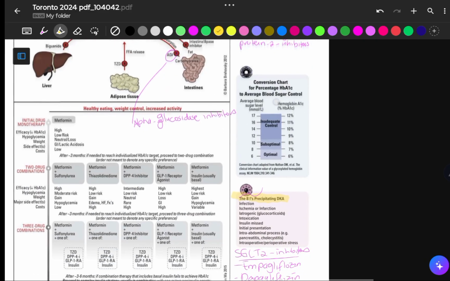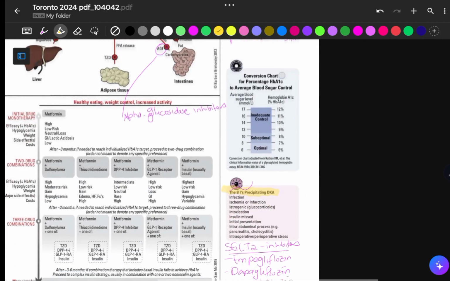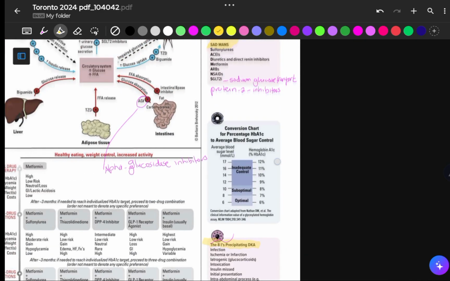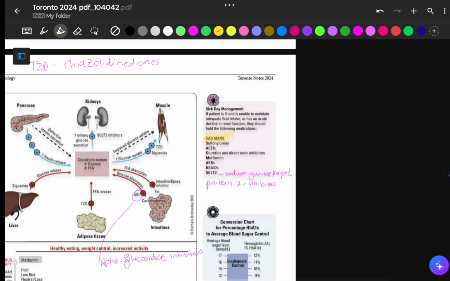Those drugs are called SGLT2 inhibitors, which stands for sodium glucose transport protein 2 inhibitors. What happens is that it causes an increase in urine glucose excretion in the kidneys.